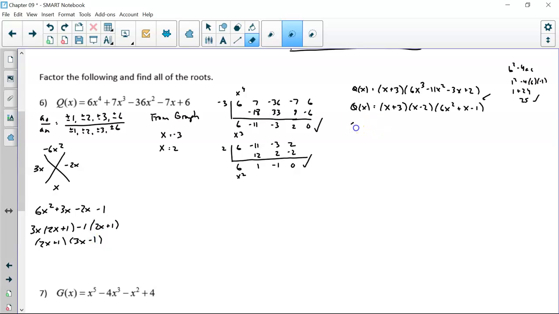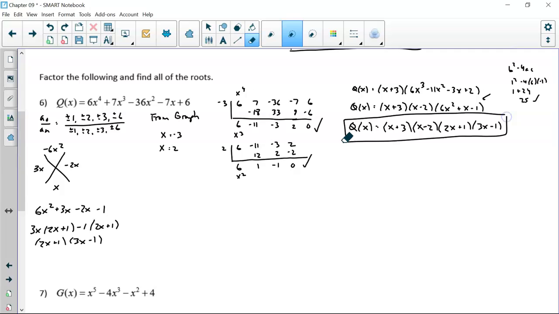So there's our factors. Q of x equals x plus 3, x minus 2, 2x plus 1, 3x minus 1. That's factored. So to find all the roots, those zeros, the solutions, set the factors equal to 0.